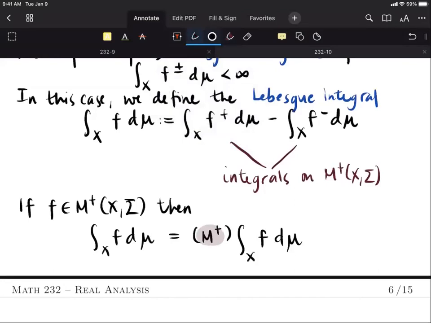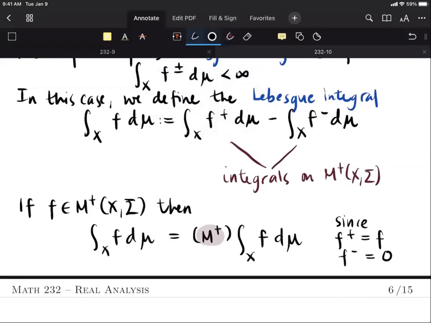This follows immediately since the positive part of f is the same as f and the negative part of f is identically 0, and you will end up with only the first term since the second would be 0.